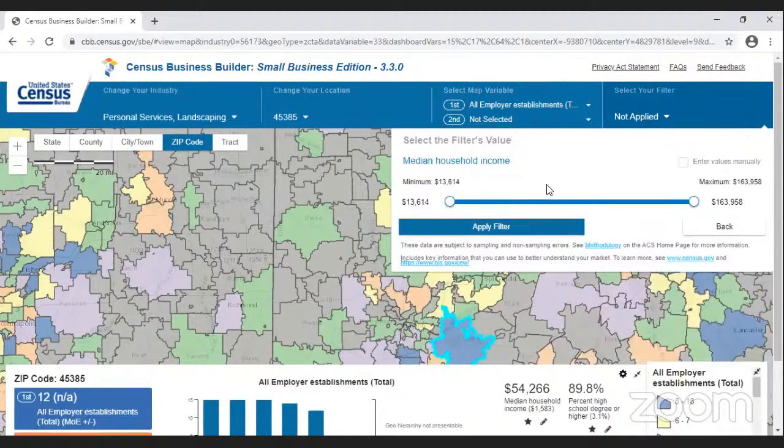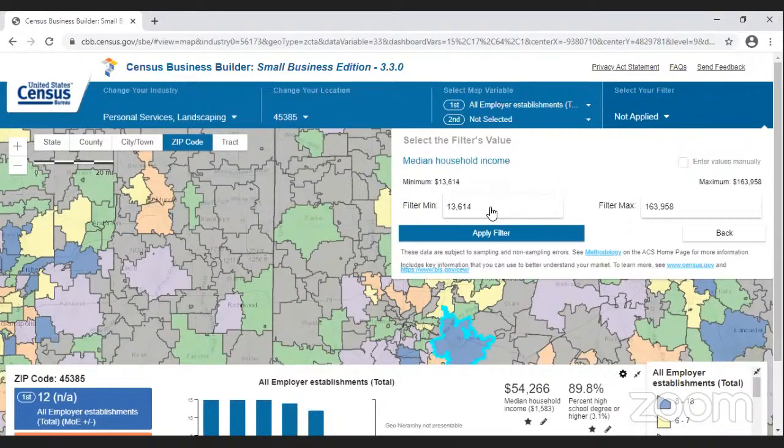And once you select it, you can set the filter at what you want. I'm going to do it manually. So let's say maybe I want to look at only those zip codes that meet $50,000 in median household income as a minimum and up.